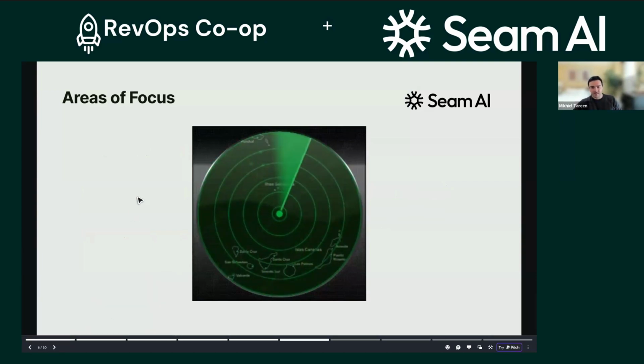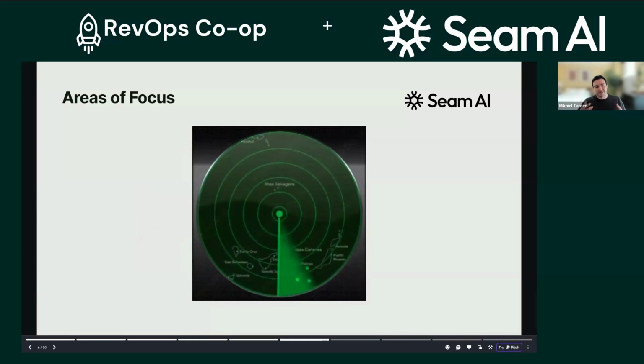Areas of focus. I think this is where things get a little spicy, but again, let's try and keep it to not specific vendors if possible. To set this stage up, there are always trends in go-to-market. Things worked five years ago that don't work anymore. PLG was really big for a little while, and it still is in some areas, but maybe it's cooled off. There's just AI stuff.